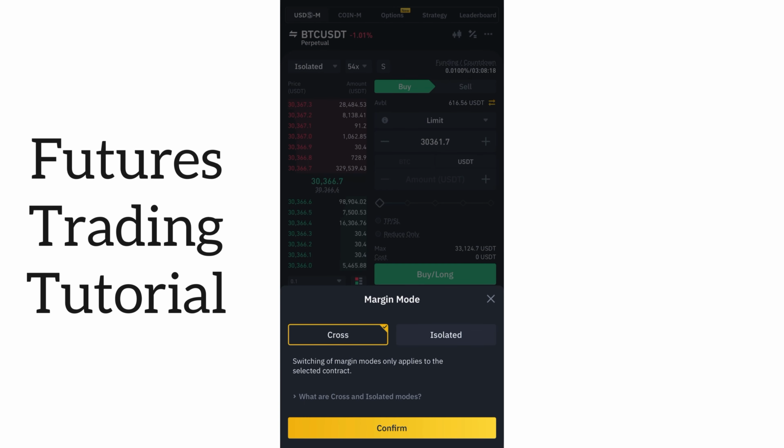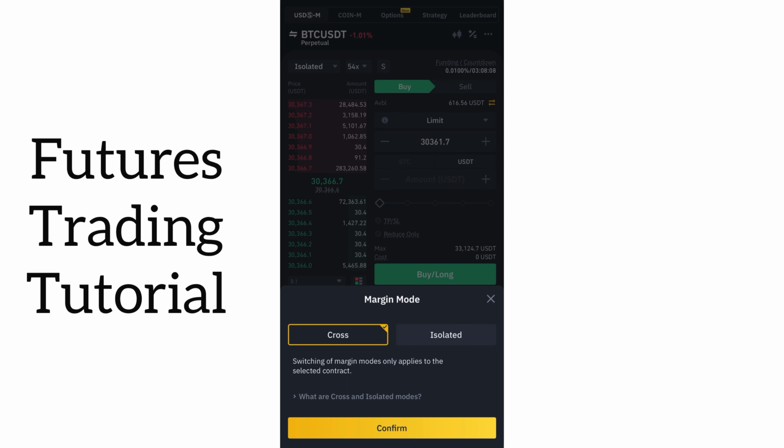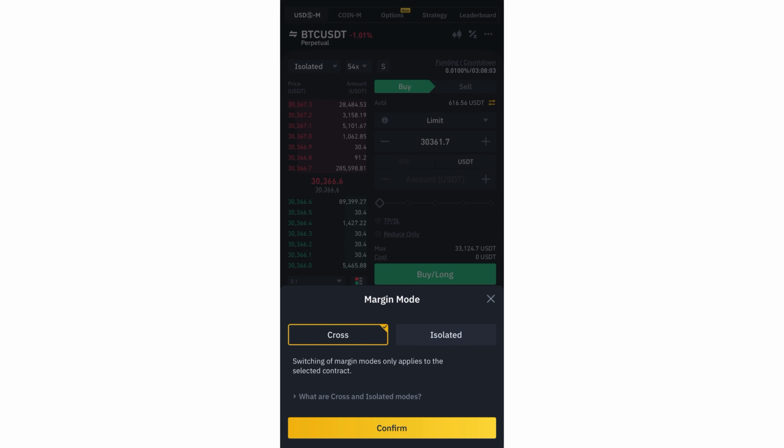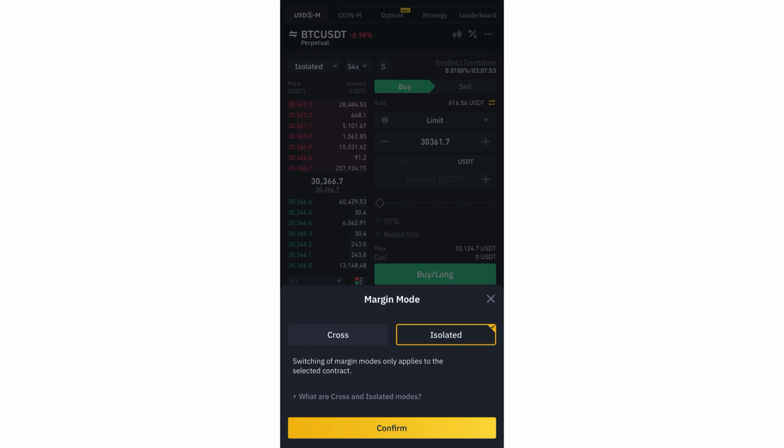Or once you hit the stop loss, you also get out of the trade. So isolated margin means you are isolating a certain amount to trade. Cross margin means the market is going to cross into your balance to put into your trade before you get liquidated. So you can select isolated. As a beginner, I always advise you to select isolated margin.